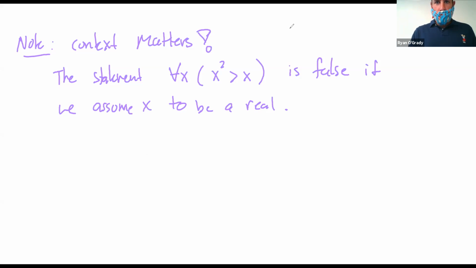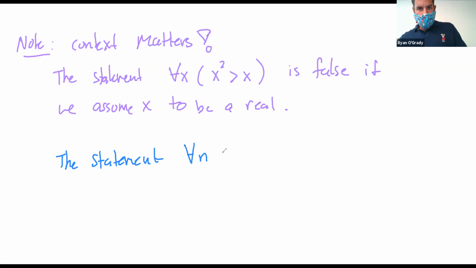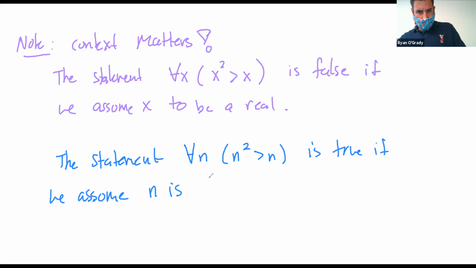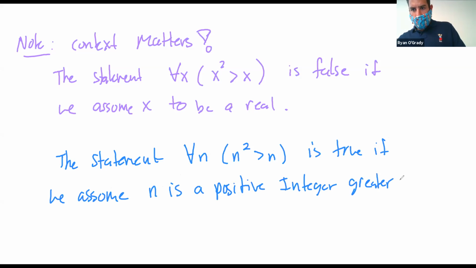But if we change the rules slightly, the statement for all n, n squared is greater than n is true if we assume n is a positive integer greater than 2.